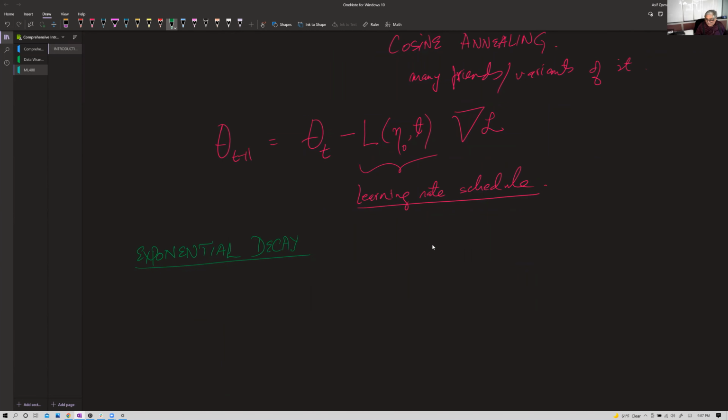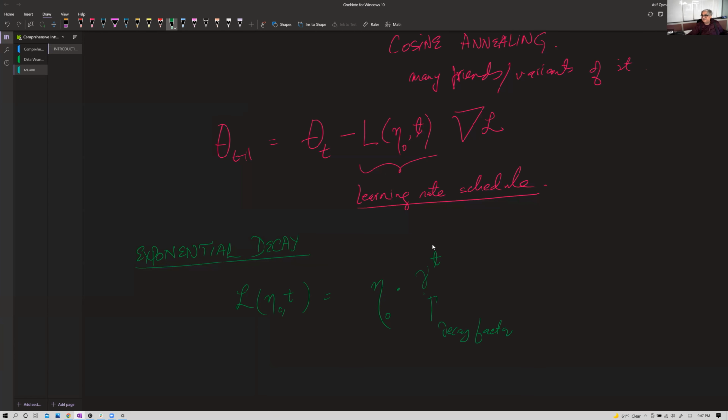It is basically the learning rate at a given step t is the original learning rate, which you want, multiplied by a decay factor. Now, one of you said you could do e to the minus something or the other decay factor, right? All of those are valid, but this also works. You take a certain gamma, which is the decay factor, and you exponentiate it to the power t.